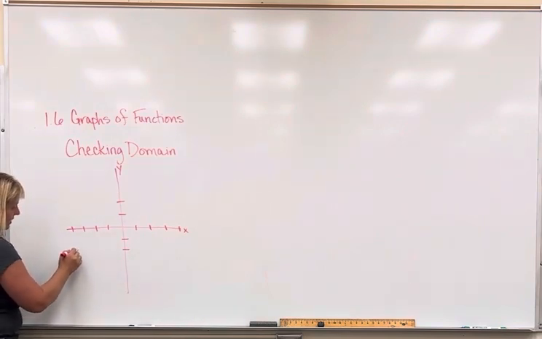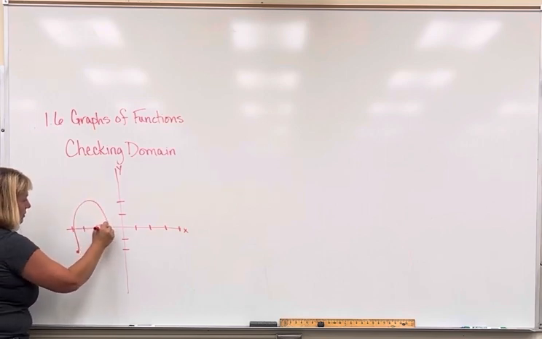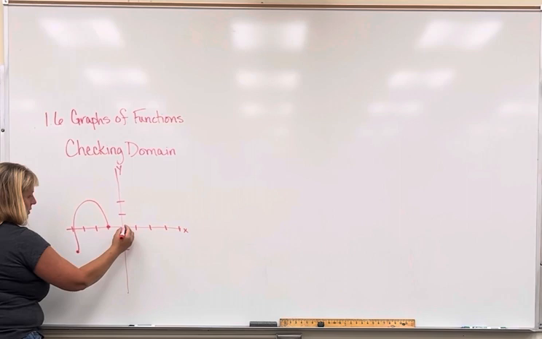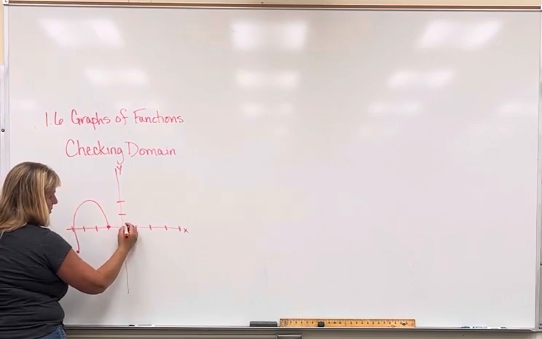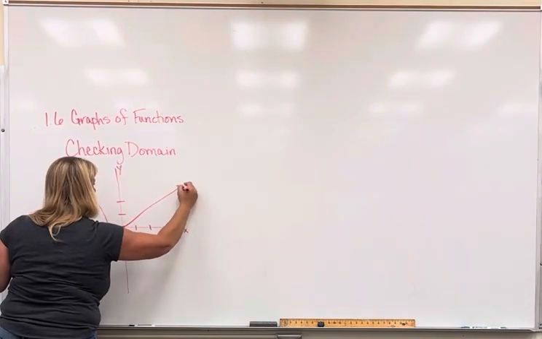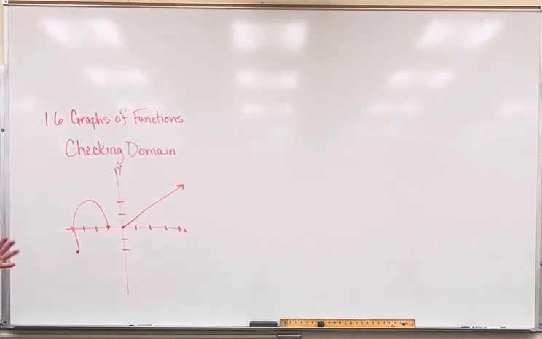So let's say that we started here, and then we went like that. Okay, so like I said, just some weirdo looking little graph that we've got going on there. And we want to know what the domain is.